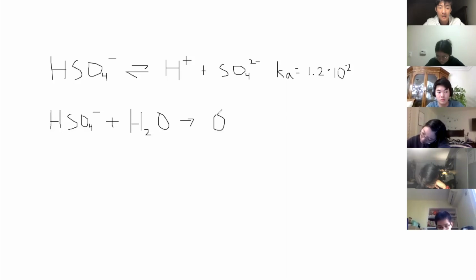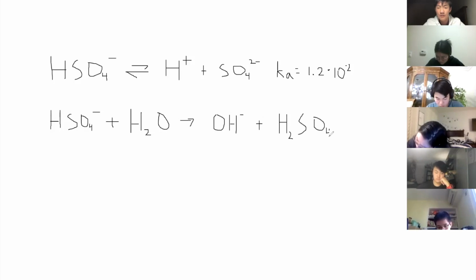So HSO4 minus will be the proton receiver, making the hydroxide ion and H2SO4. Because this is a base reaction, I'm pretty sure there is a Kb value. You can't necessarily find this Kb value on a chart, but I'm sure there's a way to calculate it. I think I forgot how to do it. Can anyone help me here?